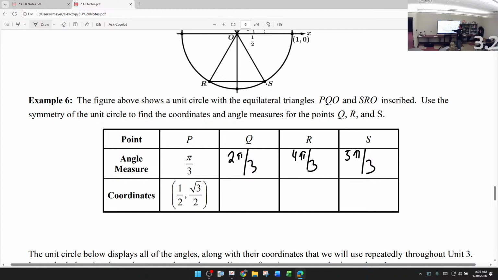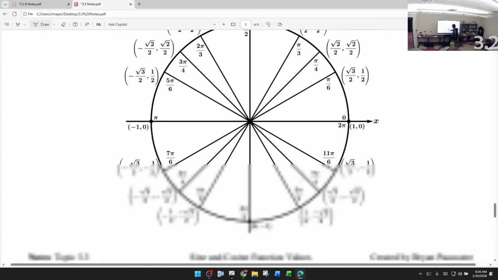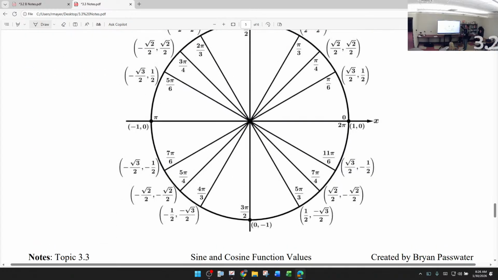Good enough? Oh, there it is. The Holy Grail. That's the blank sheet that I gave you guys, gosh, last Wednesday, right? That I didn't care if you filled it out or not. The blank sheet I gave you had a spot to put degrees also.